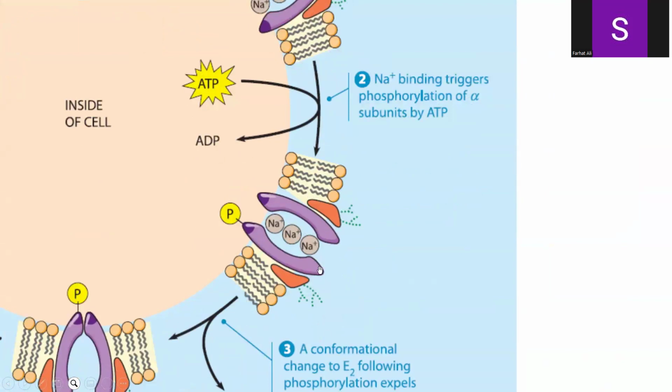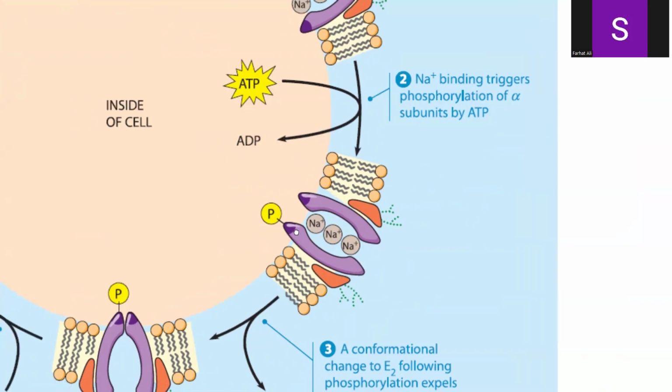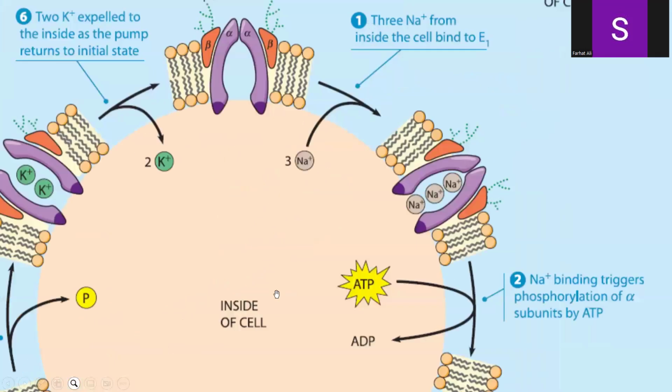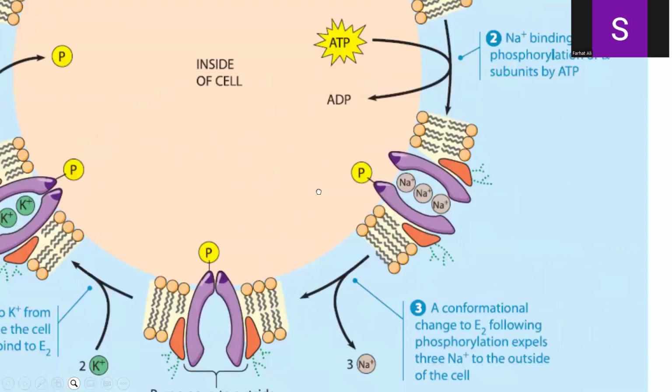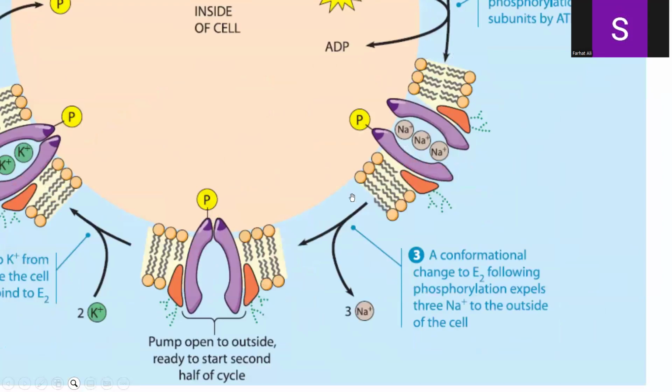This will change the conformation of the pump. So it will change from this E1 state to the E2 state, where you can see that the pump is now closed from the inside and open to the outside. So these sodium ions will then be pushed out of the cell.